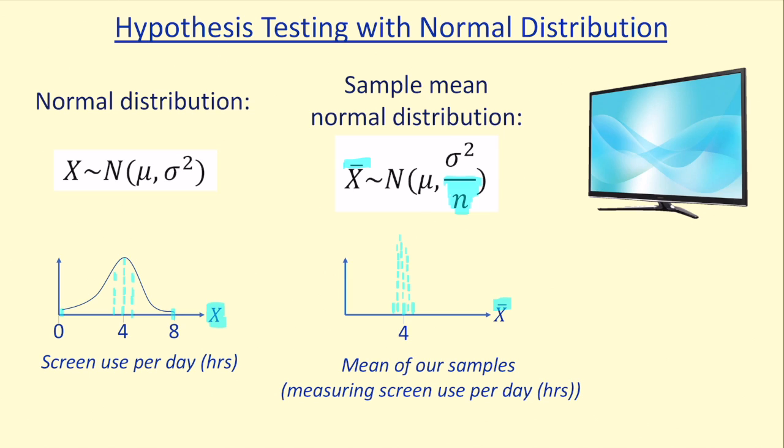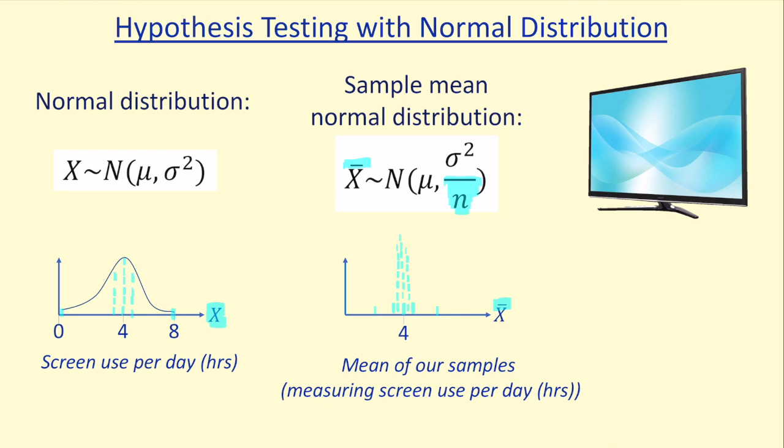Occasionally, you might get a 5. And very occasionally, you might get a very low number, so maybe a 3. But what you're not going to find is a mean of 0, because in order for there to be a mean of 0, every single student in that class has to watch 0 hours of screen per day. And that's very unlikely. So you'll tend to get this distribution like this.